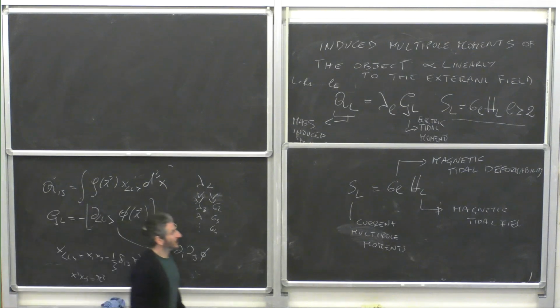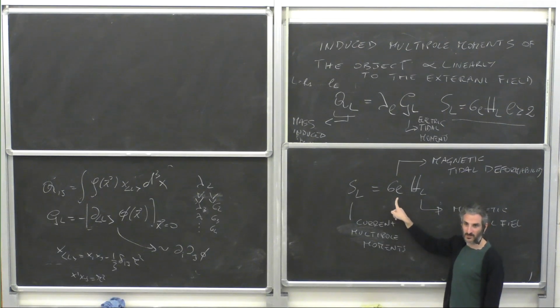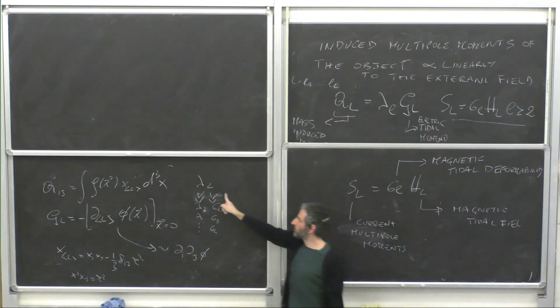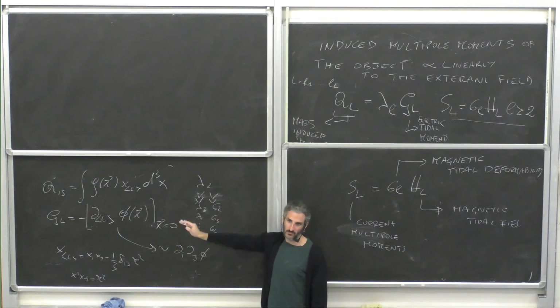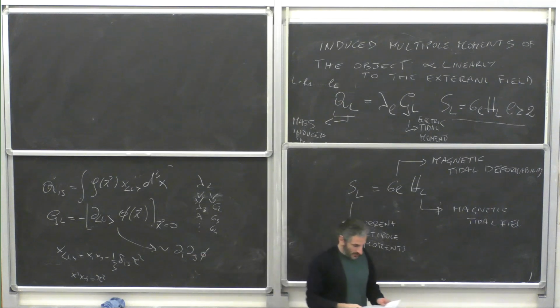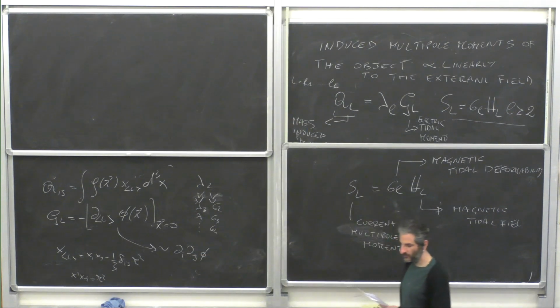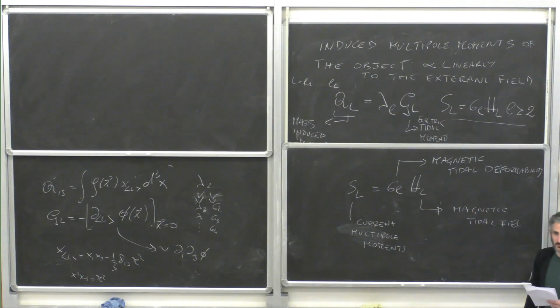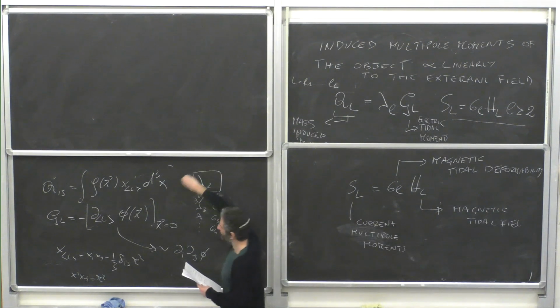So this magnetic tidal deformability induced by velocity deformation will all be smaller than the leading mass component. Like this one, they will also enter at a higher post-Newtonian order in the waveform. So they're okay if you want to publish a paper and discuss the relevance of this, but for us they're not really interesting, okay? The only thing that we're going to care about is this guy here.